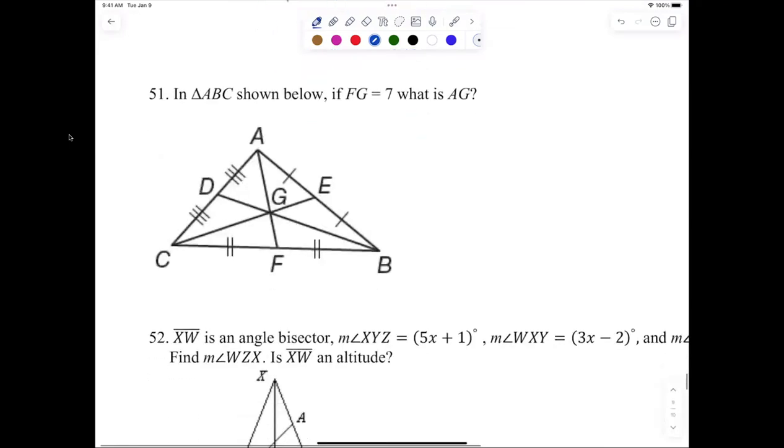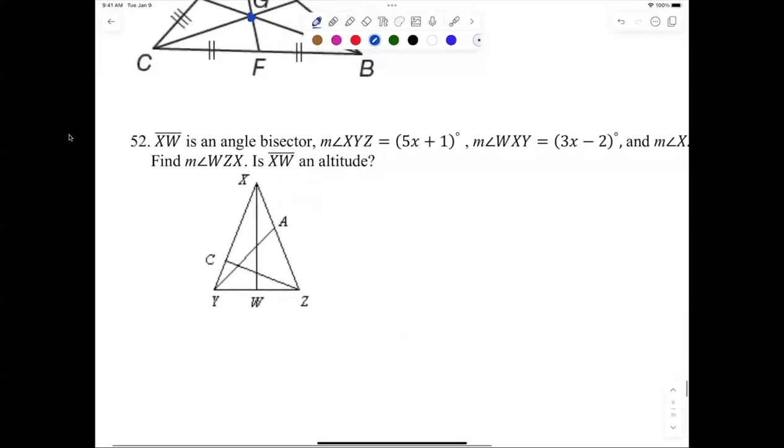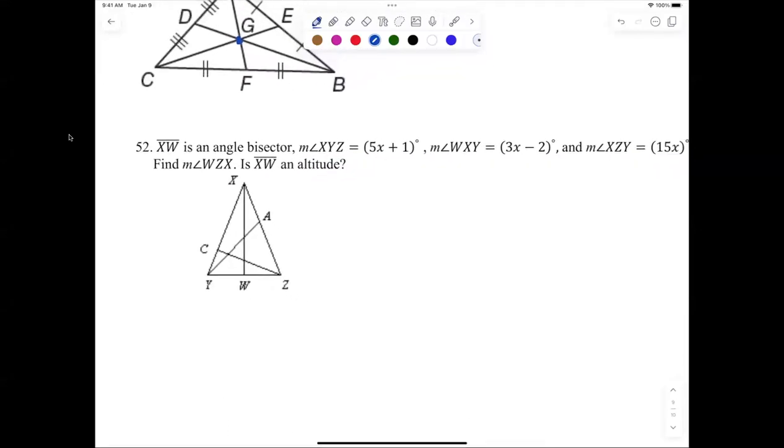All right, here we go. Okay, so what is G called? The what? Centroid. FG is 7. So AG is XW is an angle bisector.